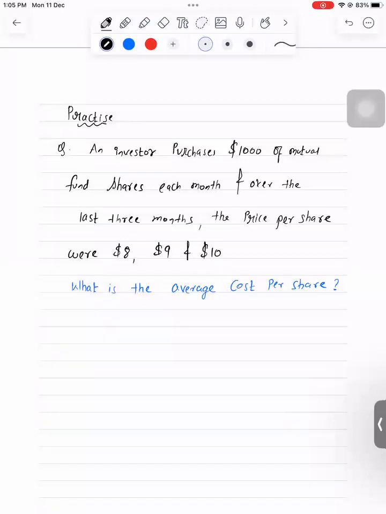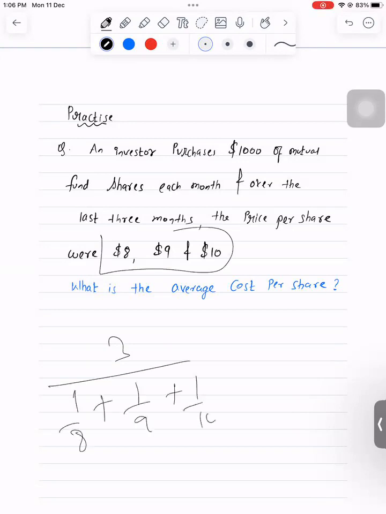Yeah, so tell me, what is the answer you are getting? You need to come up with the harmonic mean of 8, 9, 10. Again, 3 observations I can see.